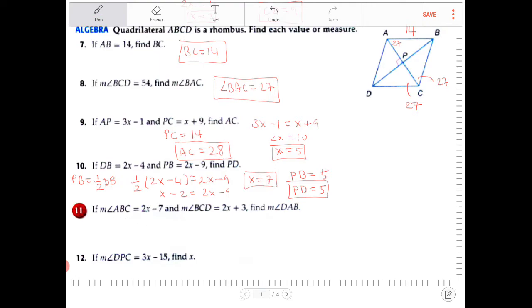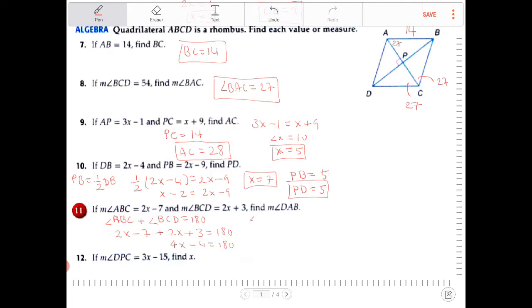So therefore I can say angle ABC plus angle BCD is equal to 180. So 2x minus 7 plus 2x plus 3 is equal to 180. I combine like terms. I end up with 4x minus 4 is equal to 180.